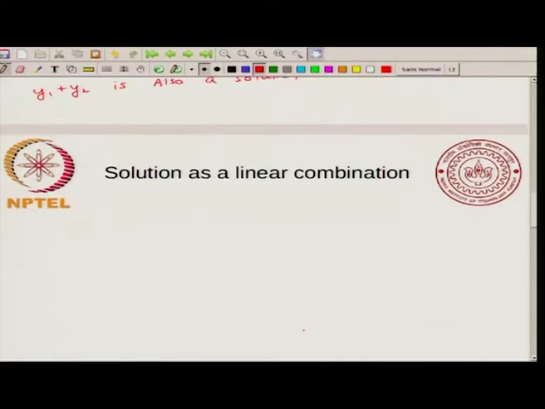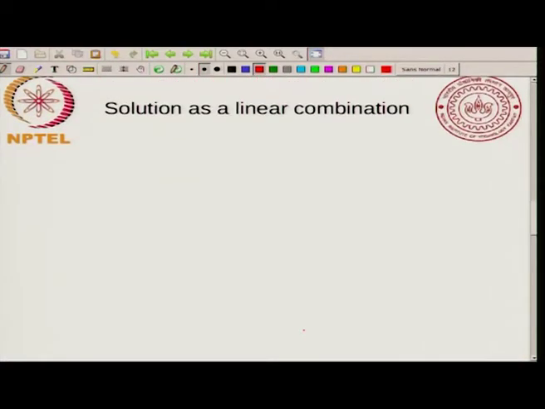So this leads us to the important idea that if I take C1 y1 plus C2 y2, this will also be a solution of the differential equation, provided y1 and y2 are solutions.